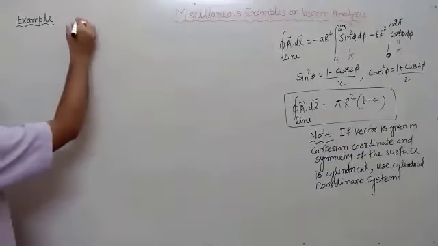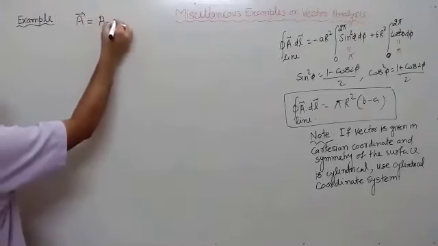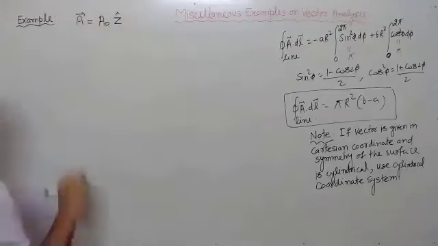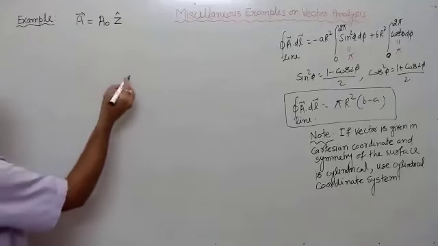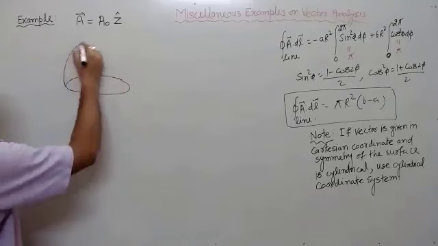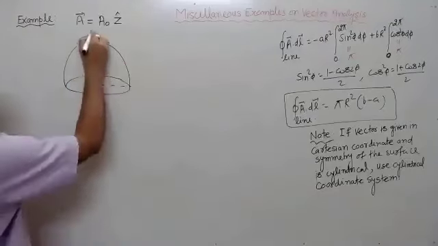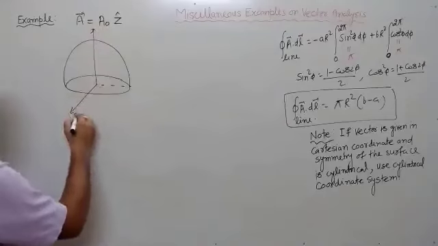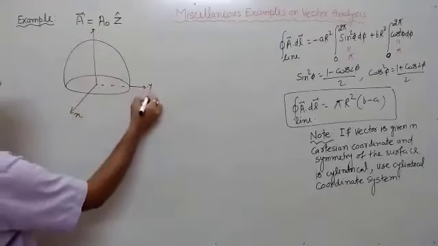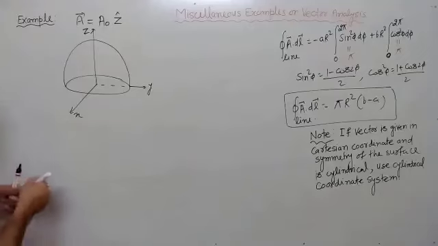Let us see vector A is some constant A naught z cap. This vector is given and you have a hemispherical surface, XYZ, its radius is R.